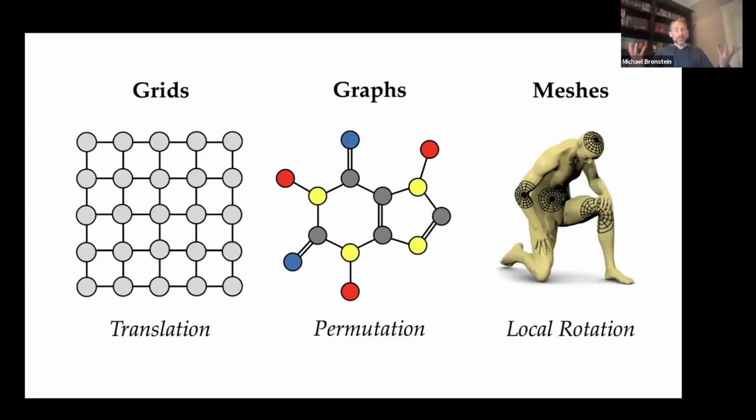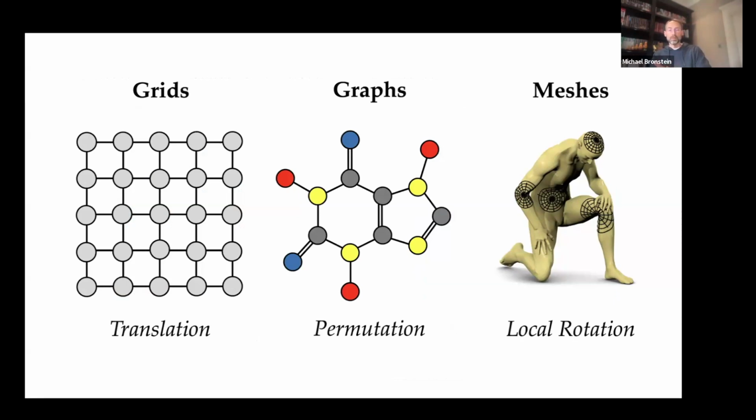So basically, from this perspective, many architectures can be seen as special instances of this blueprint, right? And we can associate different groups with different domains. On grids, for example, the typical symmetry that is assumed is translation. On graphs, it is permutation, and on meshes, it's a special type of symmetry that is called gauge symmetry.